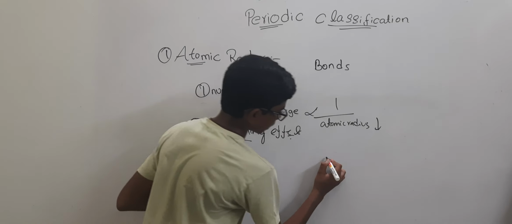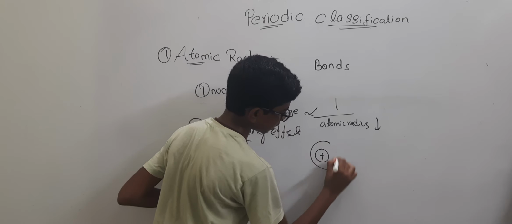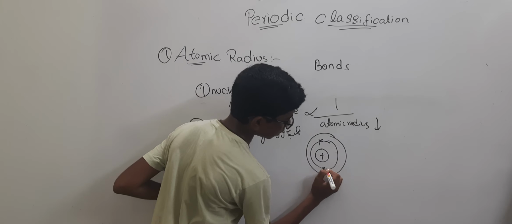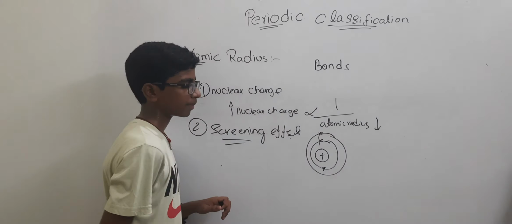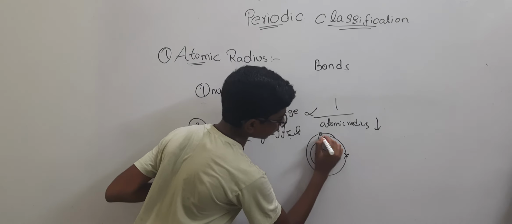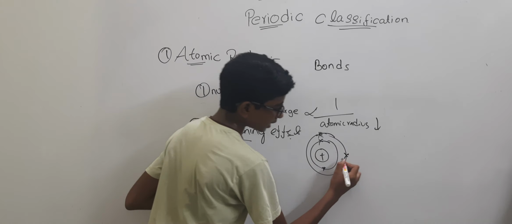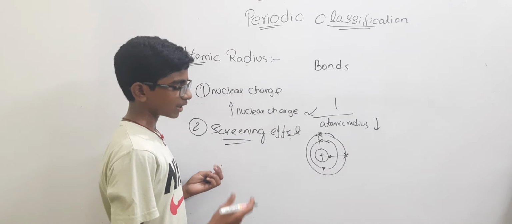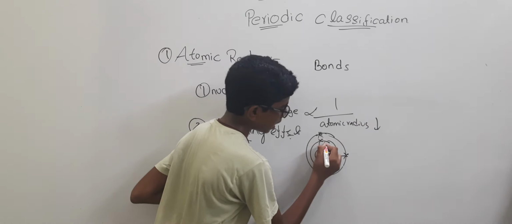Suppose this is a nucleus, first shell, second shell. First shell has 2 electrons, second shell has another 1 electron. For this electron, there are some attractive forces towards the nucleus.